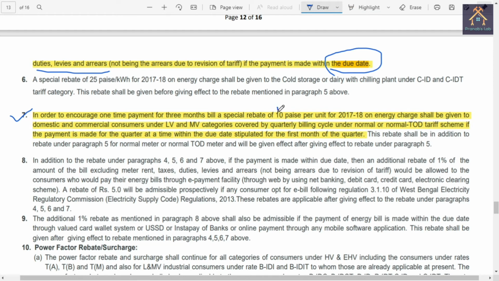That means you can get a 10 paisa per kilowatt hour rebate on full payment of the 3 months bill at a time before your first month's due date.